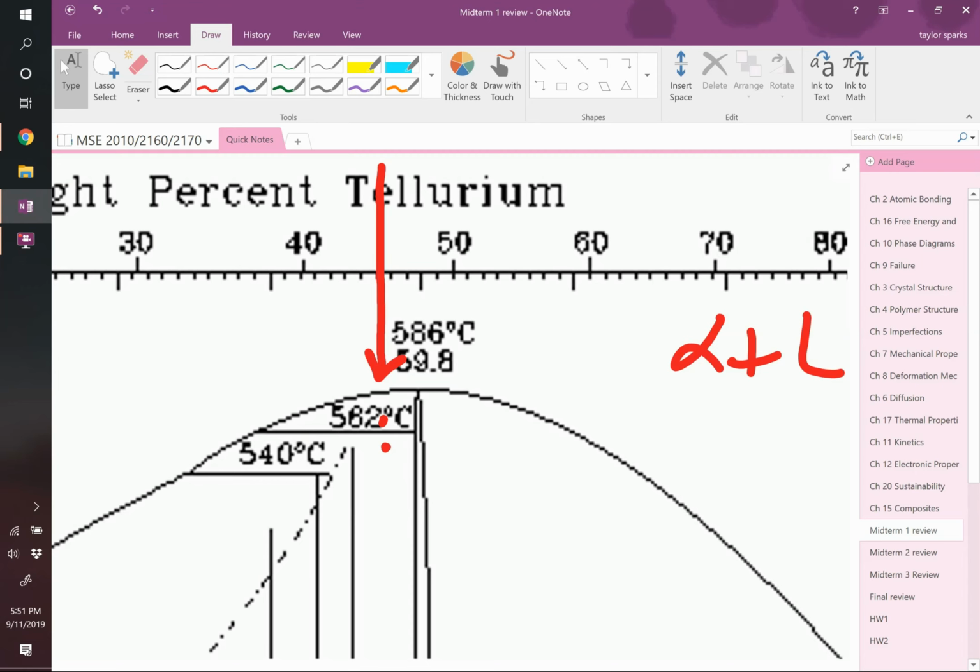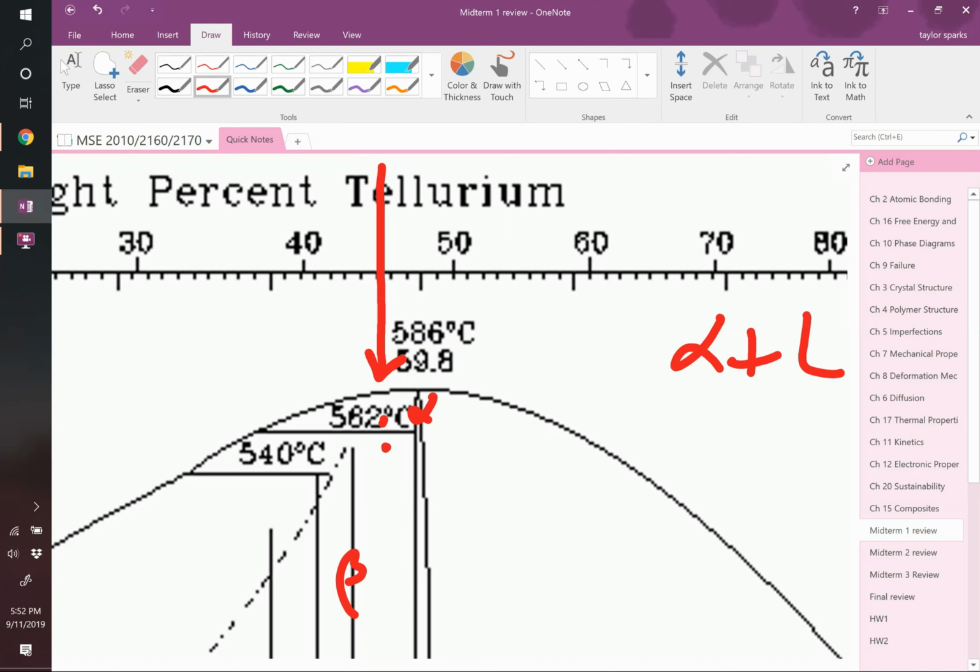Eric, same question? Okay. So just above this point, we could do the lever rule, and I could have you sketch it for me, and you'd say, okay, the lever rule will tell me how much alpha, this phase, we'll call this guy alpha. This one is going to be beta. So how much alpha is there? It's going to be this divided by that. I don't know what these values are. You could read it maybe off of there. 47 divided by 38 or 9, divided by this total distance, which is going to be, I don't know what those units are doing up top, something weird.